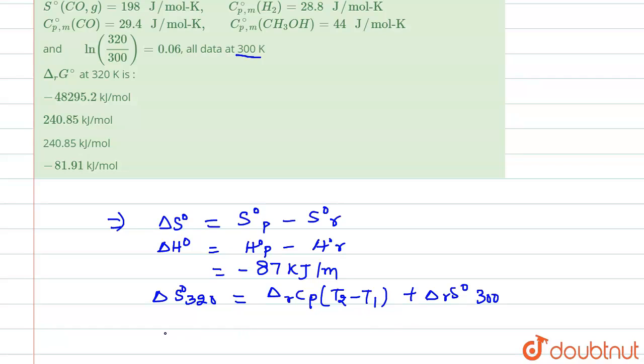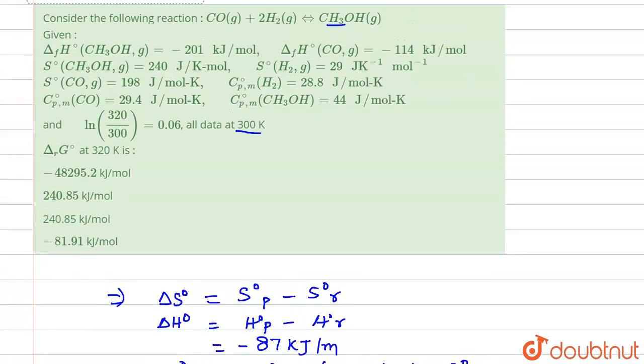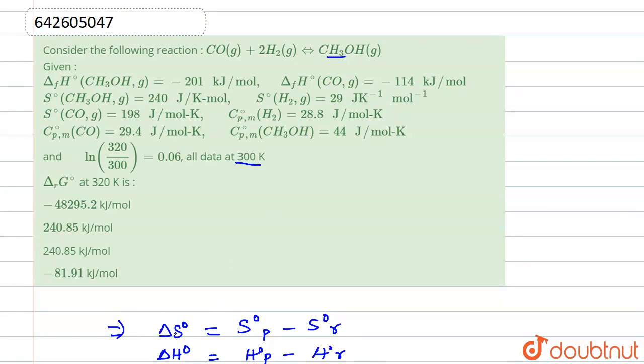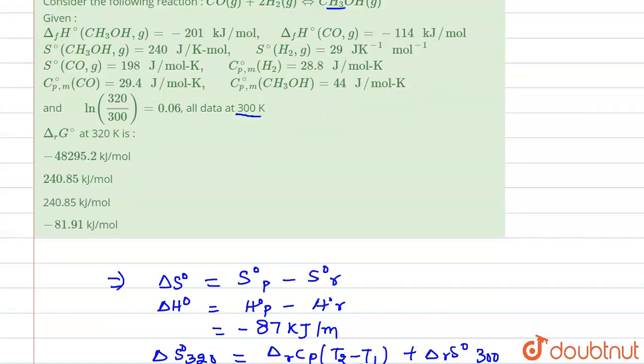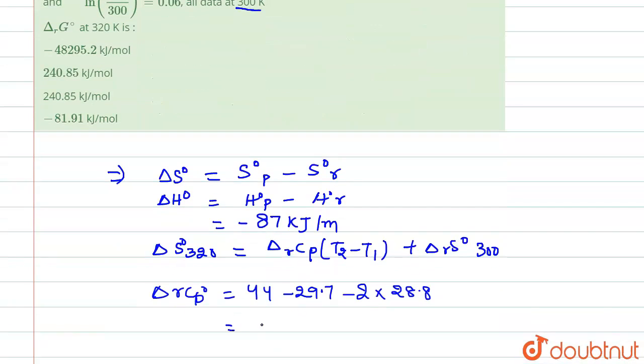So if we calculate the value of ΔrCp°, this will become 44 minus 29.7 minus 2 into 28.8, again per mole, right? So we are writing this for ΔS° as well. Again, this will be Cp of product minus Cp of reactant, and we are subtracting this. So this comes to minus 43 joule per kelvin per mole, right?